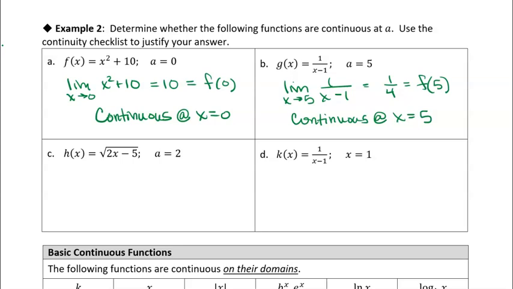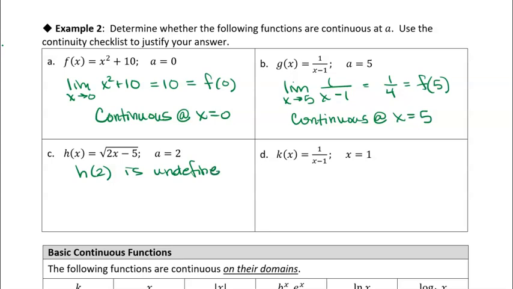All right, so let's take a look at the next one. We have the square root function, right? And the thing we have to look for with the square root is we can't take the square root of a negative number. So if we try to put 2 into this function, right, it's undefined, right? So h at 2 is undefined.